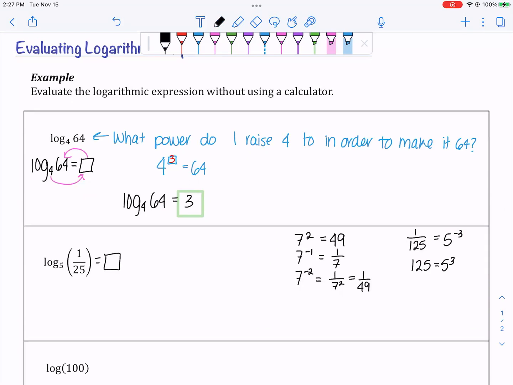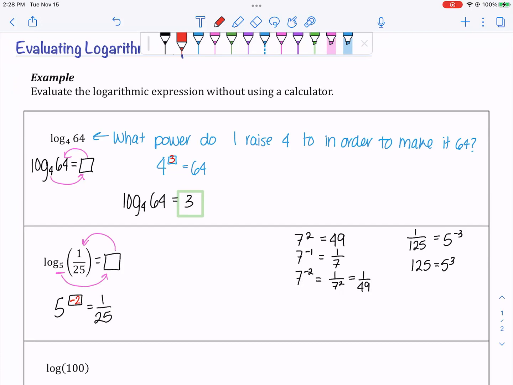So let's go ahead and make this a loop-de-loop problem. So we start at the base 5. So 5 raised to what power gives us 1 over 25? Well, I know that 25 is 5 squared. And since it's in the denominator, it should be negative.